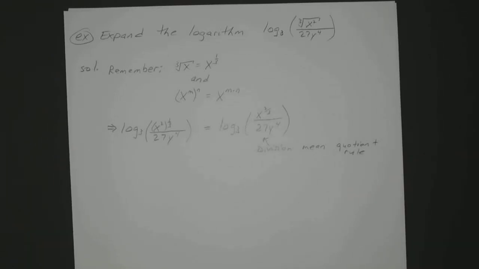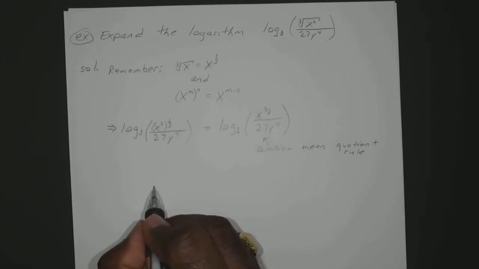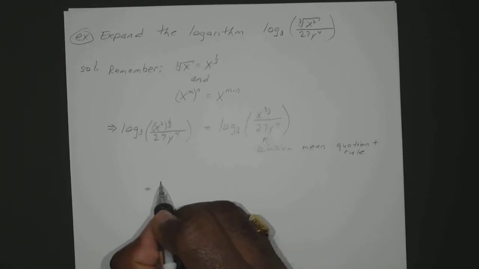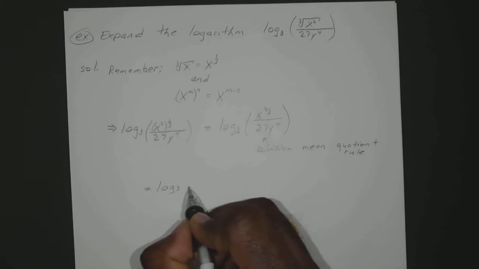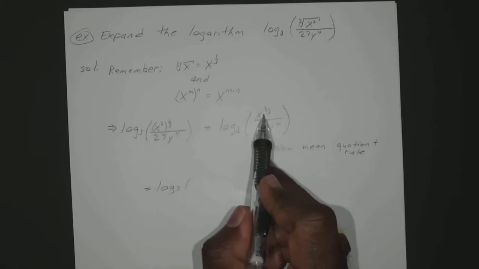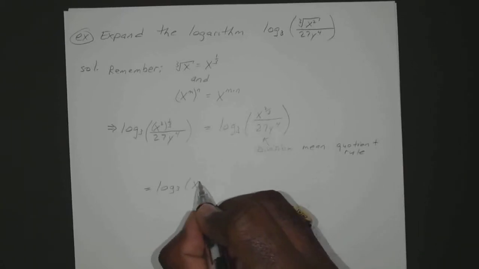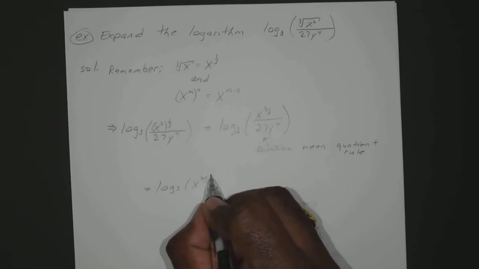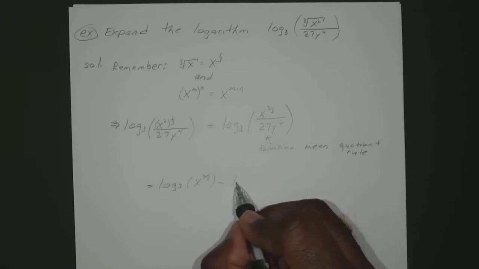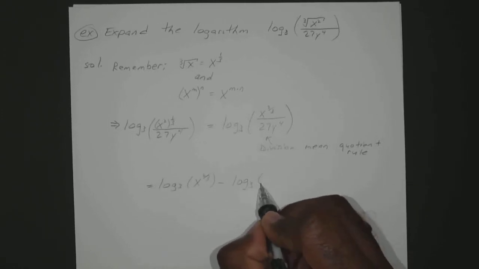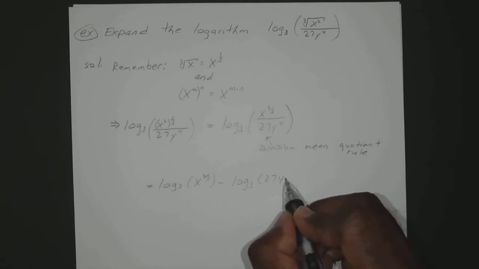So that gives us log base 3 of x to the 2/3 power minus log base 3 of 27y to the fourth.